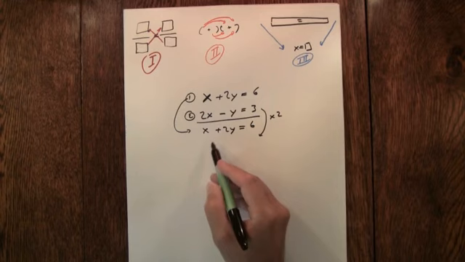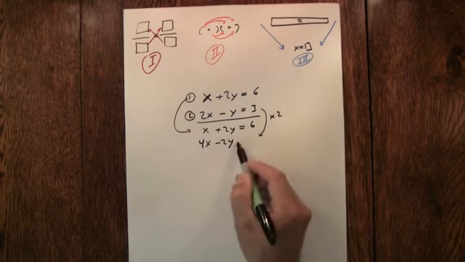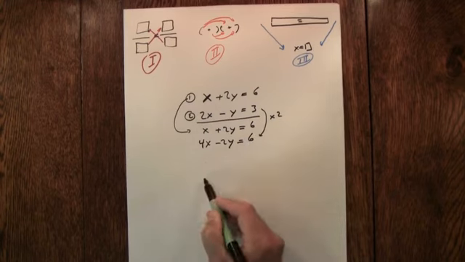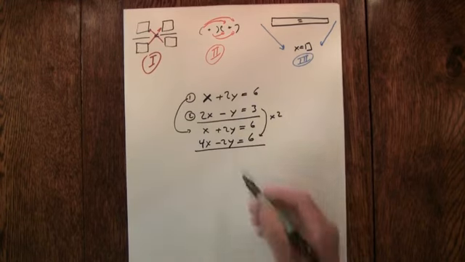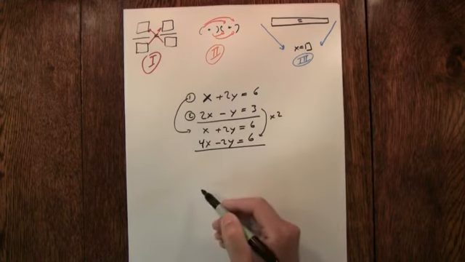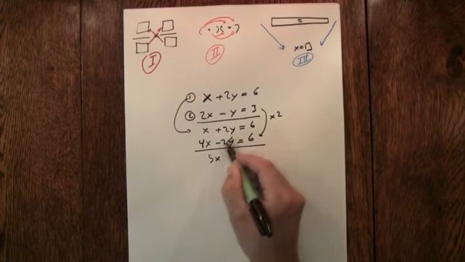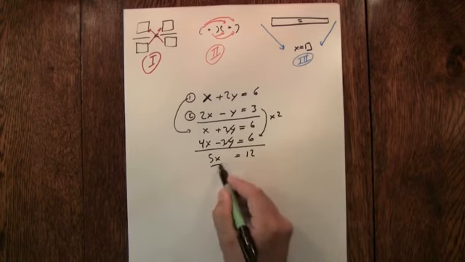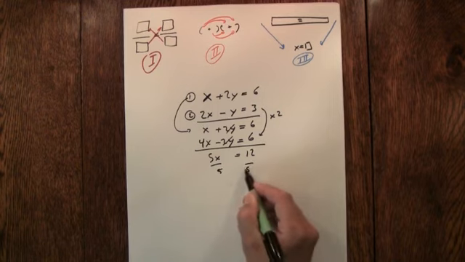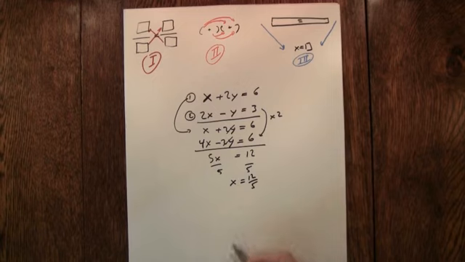And when you do that, this becomes 4x, that becomes minus 2y is equal to 6, right? And now I'm going to add this equation with this equation. So if I add this, I'm going to get 5x, this kills this, and this is going to be 12, and then I'm just going to divide by 5, so x is going to be equal to 12 over 5.